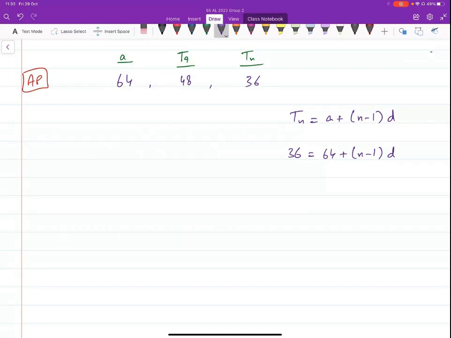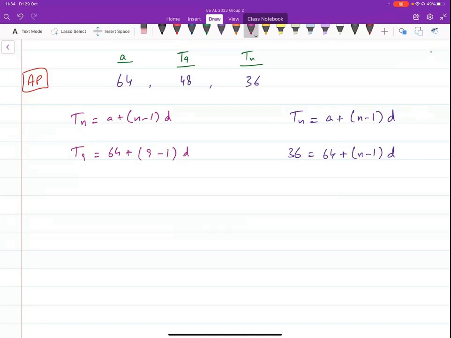We have the ninth term given. So using the ninth term, we somehow find the difference. Again, we know that the nth term formula is A plus n minus 1 into D. If we use this to find the ninth term, A is 64, n is 9, minus 1 times the difference.